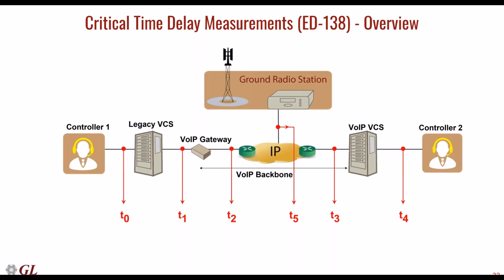On the screen, we can see timing references such as T0, T1, T2, and so on. These indicate the timing of an event at different points in the network. For example, T0 is a push-to-talk event that occurred at the analog endpoint, which is far left-hand side at the legacy VCS. Another reference is T2, which is a push-to-talk event detected on the VoIP line. This event is identified and extracted through ED-138 headers on the VoIP traffic.